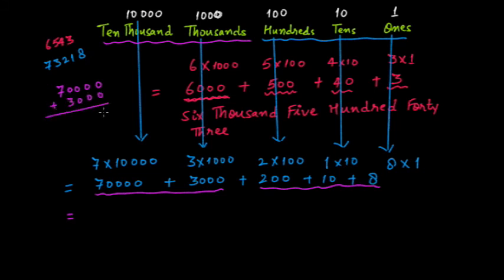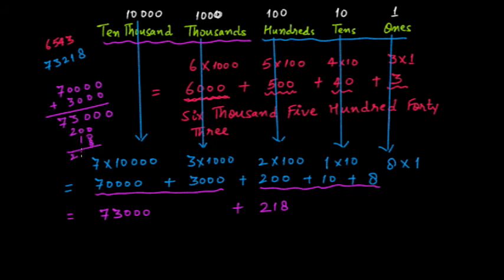When we add it up, 0, 0, 0, 3 and 7, this is 73,000. Then this is 200 plus 10 plus 8.